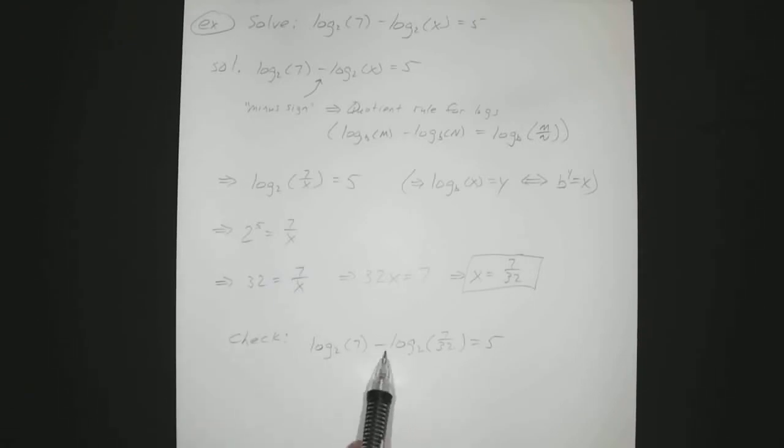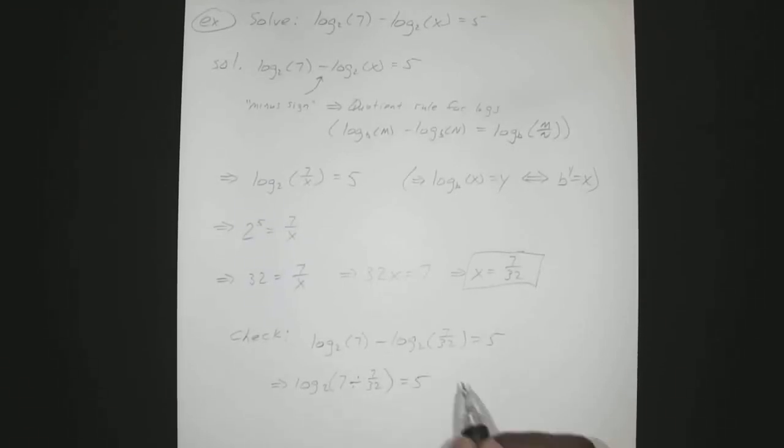Again, we're going to divide those two since we're using the quotient rule for minus signs. So log base 2 of 7 divided by 7 over 32 equals 5.